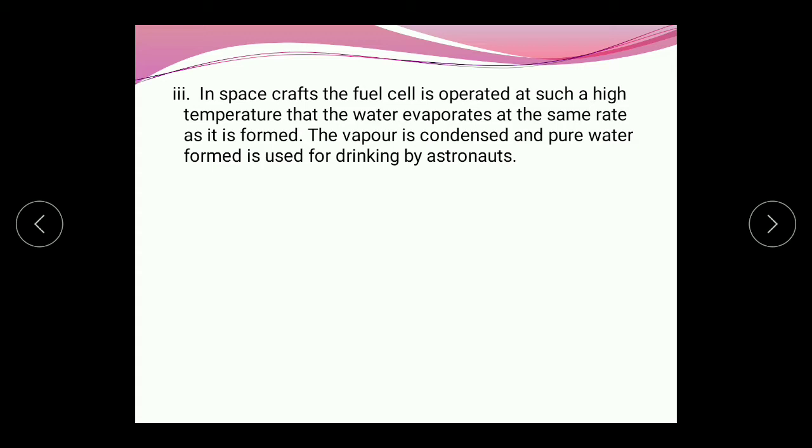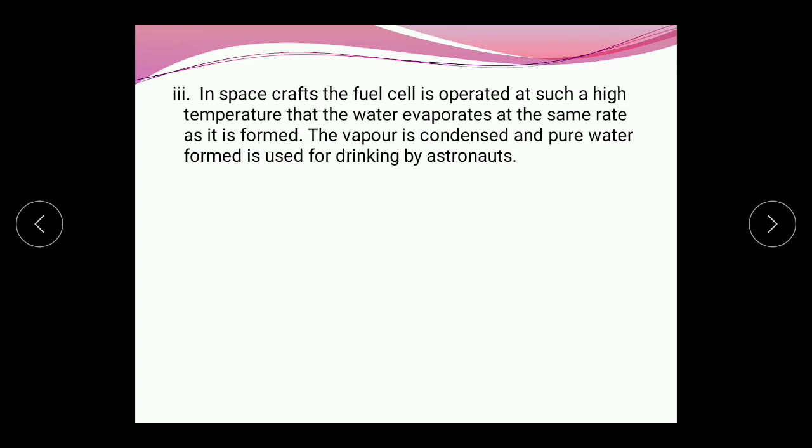They are operated at high temperature, so the final product, that is water, gets converted into steam. That steam is condensed, and the pure water obtained is used for drinking purposes by the astronauts. That means it is very suitable for spacecrafts.